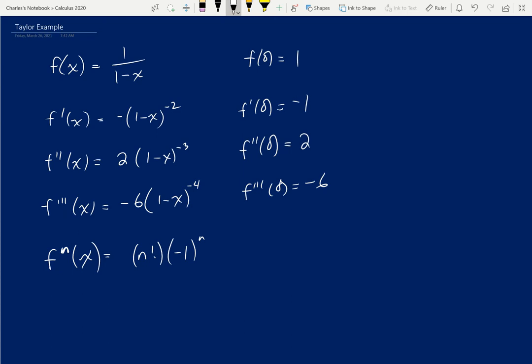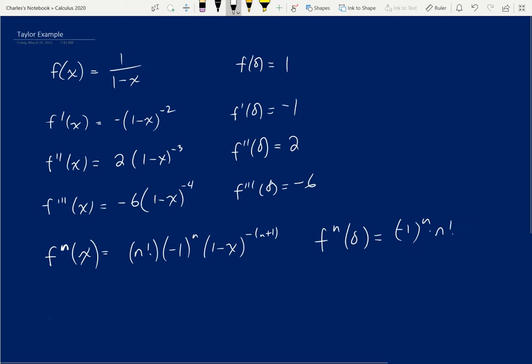So the odd numbers are negative, the evens are positive. Looks like I got that right. And then the rest is 1 minus x, I think, to the negative n plus 1. Looks like the case to me. f^(n) of 0 is going to be negative 1 to the n times n factorial.